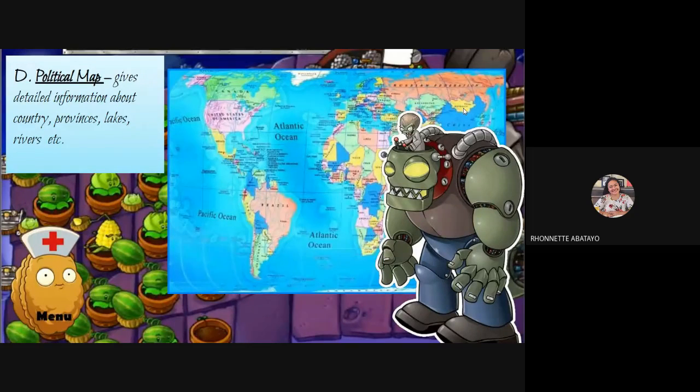What do we call the different lines in the map? Can you remember in social studies? The north to south pole. Ay, miss, longitude. Longitude and latitude, miss. Correct.